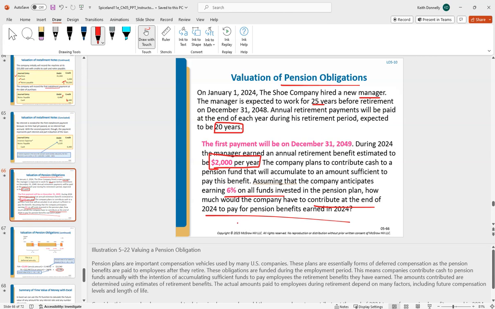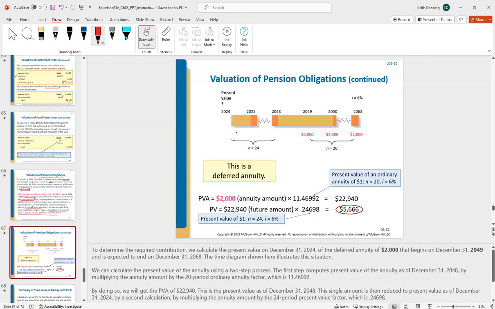So it's almost like, hey, we know in the future we need to pay this individual $2,000 per year for 20 years. How much do we need to set aside now such that at a later point in time we'll have enough money to tackle this, right? So the idea with this is you have a deferred annuity.